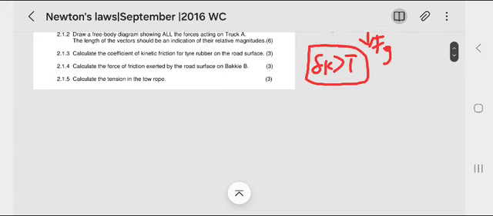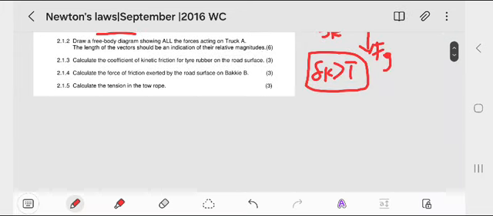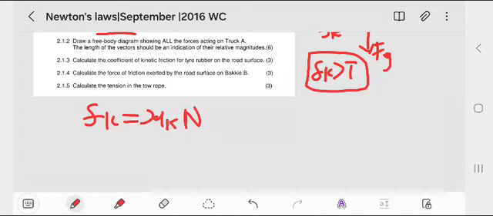Calculate the coefficient of kinetic friction for the tire rubber on the surface. What we know is that kinetic friction is equal to mu k multiplied by the normal force, and the normal force is equal to the weight, which is mg.